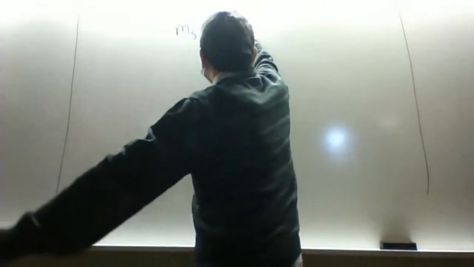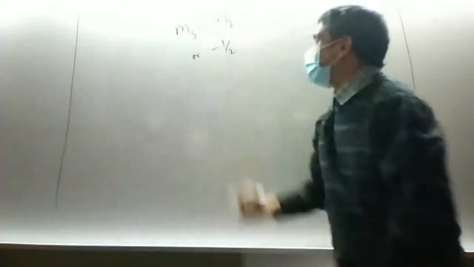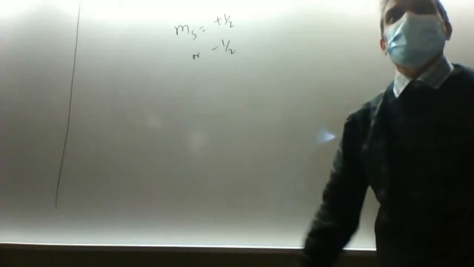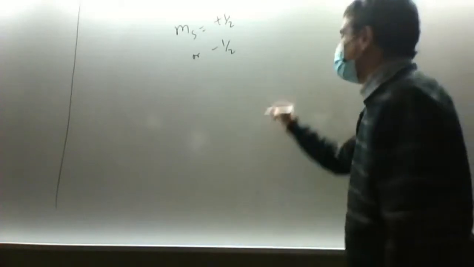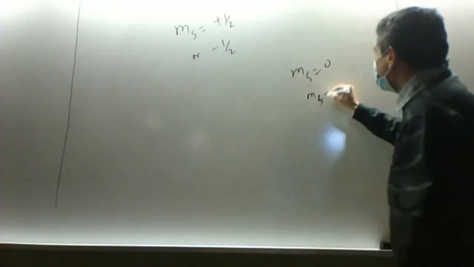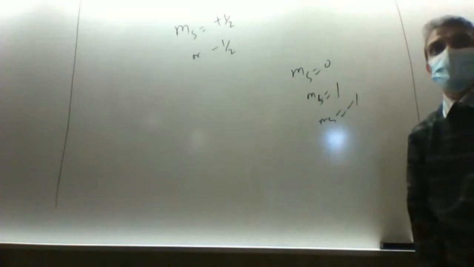I told you we have four quantum numbers, and the last quantum number, ms, is equal to plus half or minus half. That is good. But if you see some other number there, then that set of quantum numbers is going to be false. If you see an ms value equal to 0, or 1, or anything like minus 1, that set of quantum numbers is wrong.